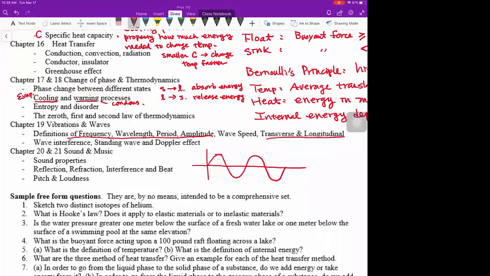The height of this from the neutral place, not from the bottom, but from the neutral place, is what we call the amplitude. It tells you how big or small the wave is. If you look from peak to peak or bottom to bottom, the distance of this is what we call the wavelength.